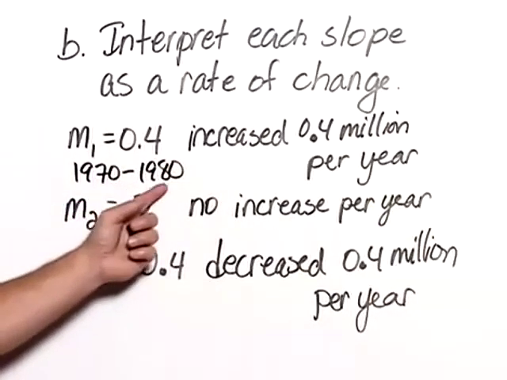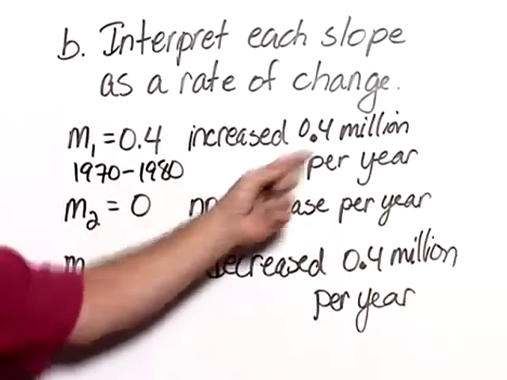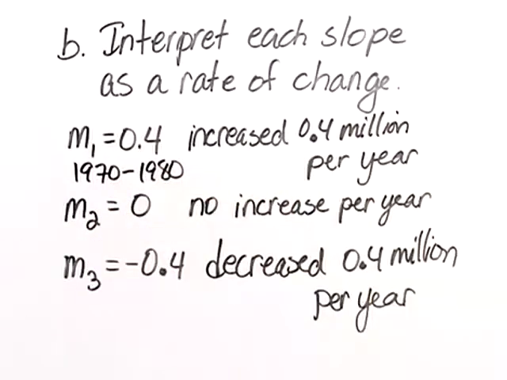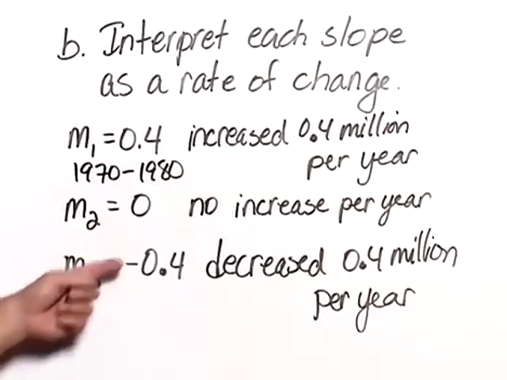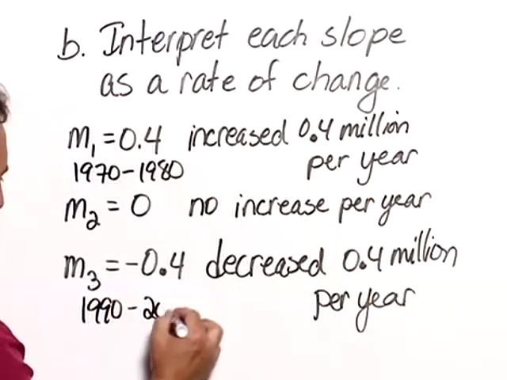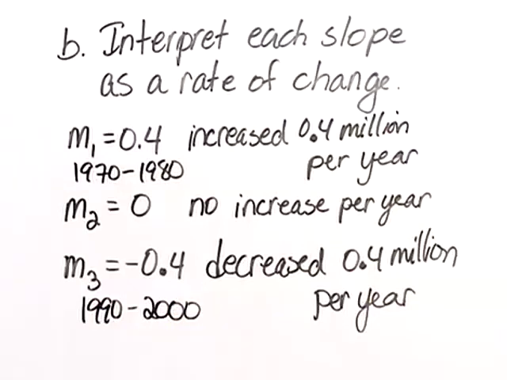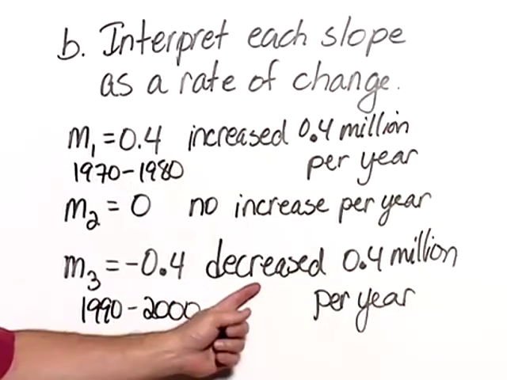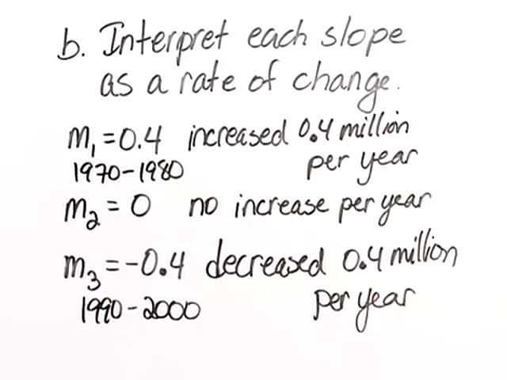So the average was an increase of 0.4 million welfare beneficiaries per year. This, of course, was from 1980 to 1990, and this one was 1990 to 2000, where on average the number of welfare beneficiaries decreased 0.4 million per year.